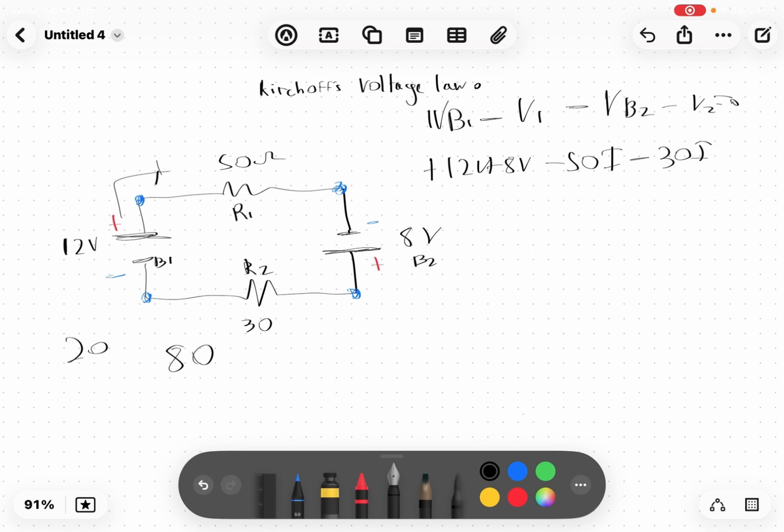so that will be 80. So the current is 0.25 amps.